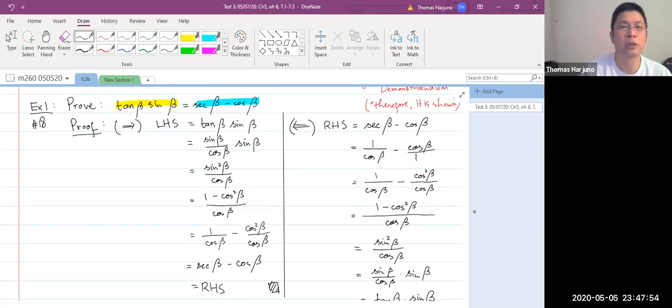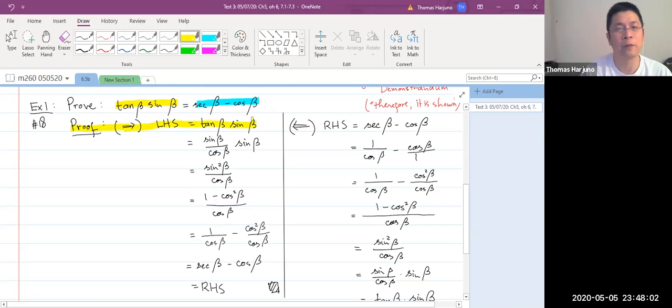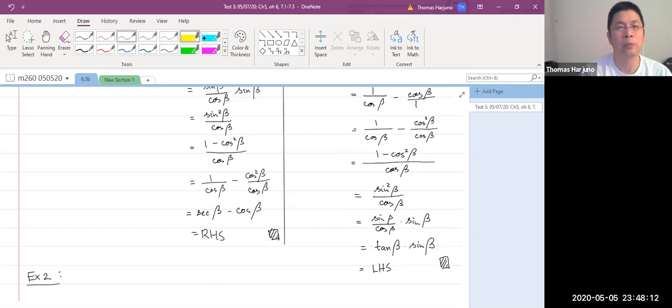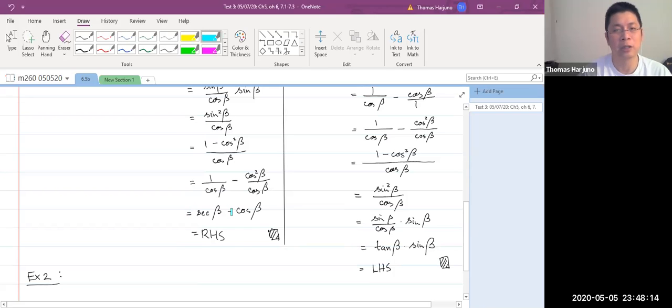The first line will be the direction of the proof, then the left-hand side, and then what you see on the left-hand side, or the right-hand side, whatever you have on that side. Then your final step should be the other side equals the right-hand side, close it, or the other side equals the left-hand side, close it.